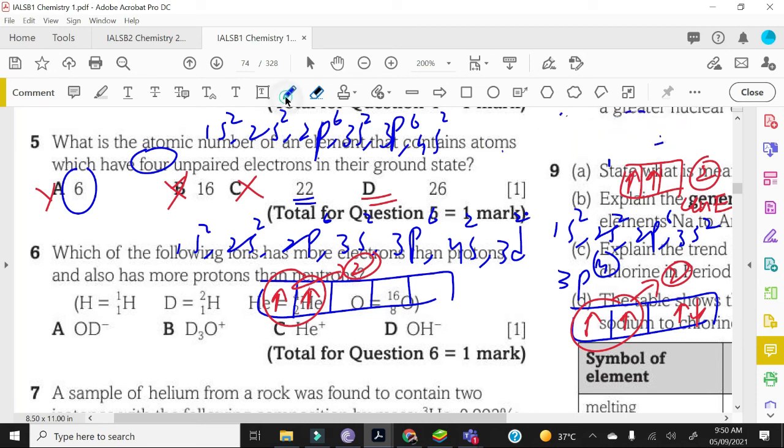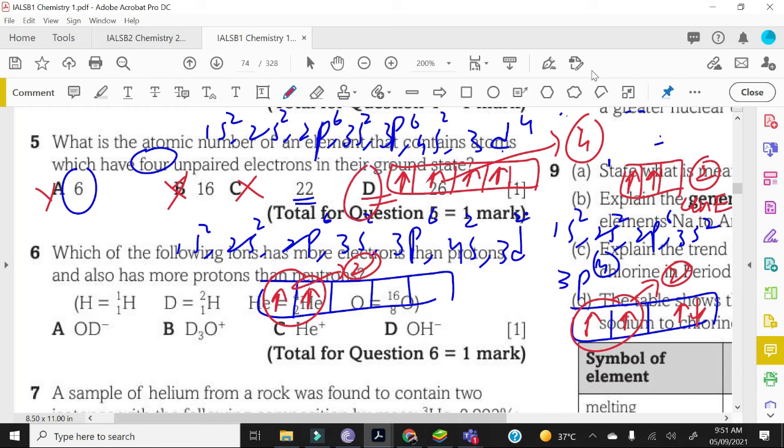How many electrons do I still have? We need 4. 3d4. Now let us expand 3d here and see if we are having 4 electrons or not. So 3d has 1, 2, 3, 4: 1 electron, second electron, third electron and fourth electron. So the total unpaired electrons are 4. So the option is D. The correct option is D.